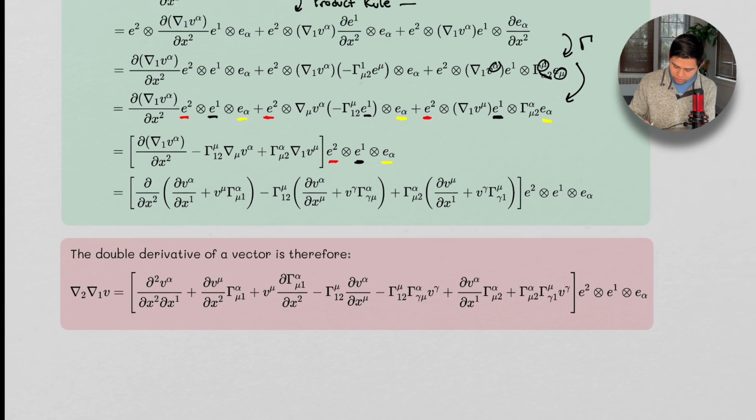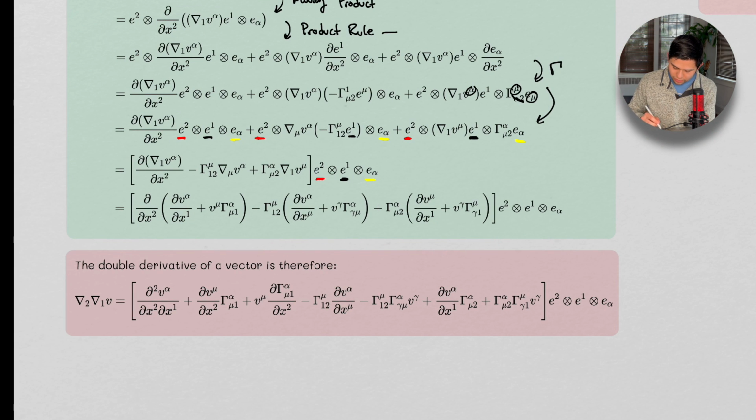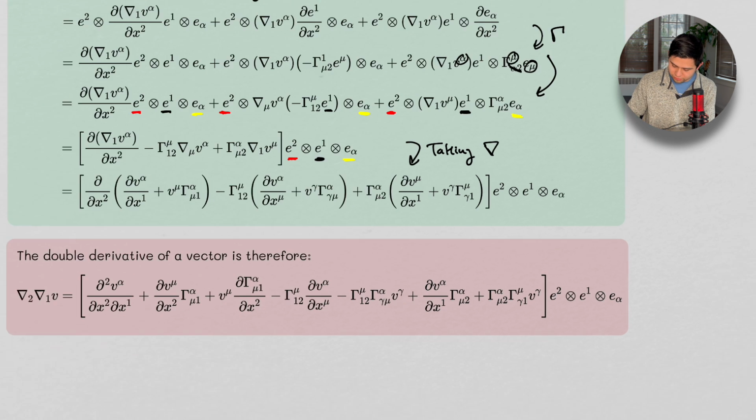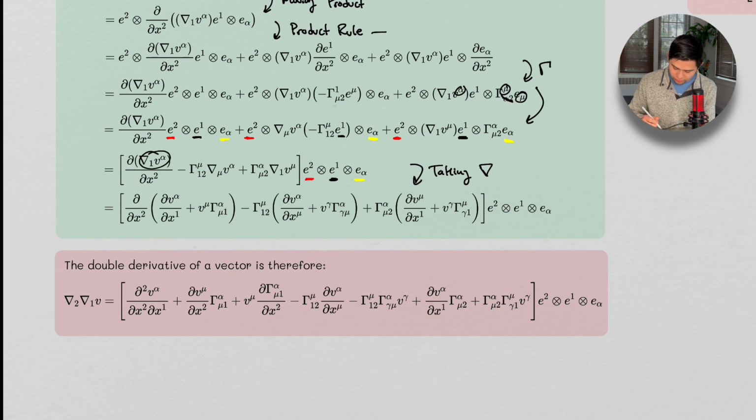So once we get the components of the double derivative, we can flesh all of it out to get this right here. So to go from here to here, we're just taking derivatives. So taking the covariant derivative. All right, so we're taking covariant derivative here to get this, covariant derivative here to get this, and here to get this.